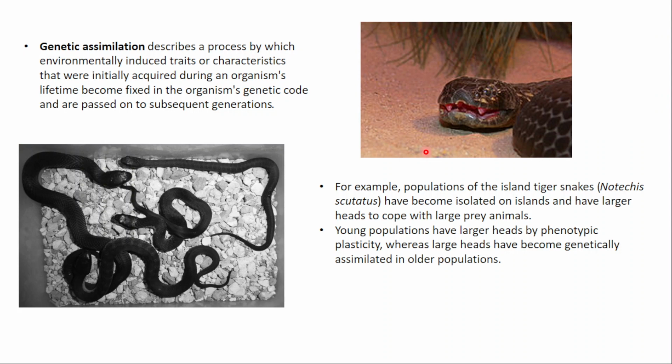Okay. So if you learn a little bit about genetic assimilation, here is an example. What is genetic assimilation? It describes a process by which environmentally induced traits or characteristics that were initially acquired during an organism's lifetime become fixed in the organism's genetic code and are passed on to subsequent generations.